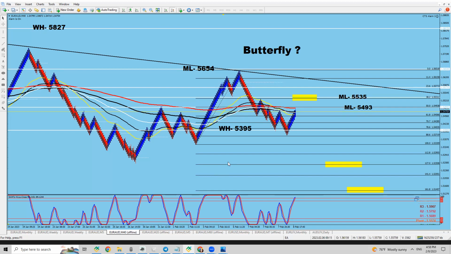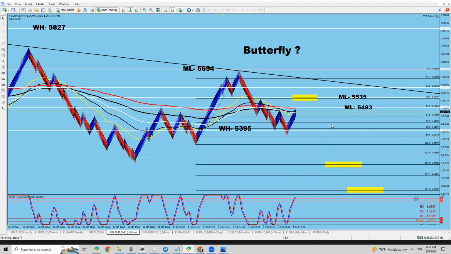Then see if you can find these calculations on the 40-minute chart and mark these numbers and lines. If this is the 78%, then 23% or 38% is here and 107 here. If you look at this, then you have this. So to the upside, these are the targets. To the downside, these are the areas that it might go.